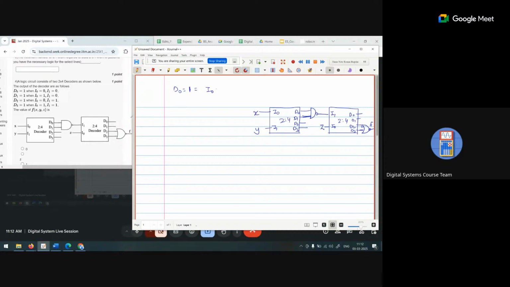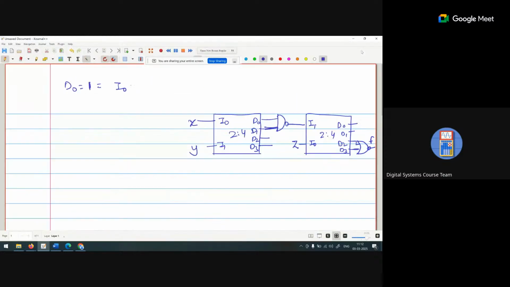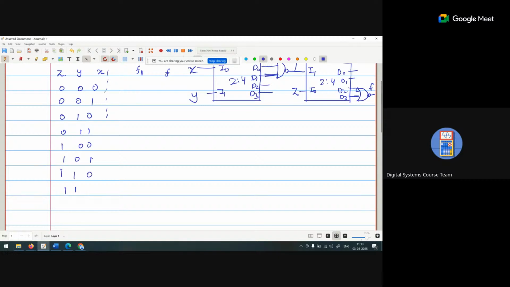First of all I just write X, Y, Z, where X is I0, Y and Z, then F. In between them there is one intermediate stage, I just say it is F1. So for X, Y, Z, I write 000, 001, 010, 011, 100, 101, 110 and 111.